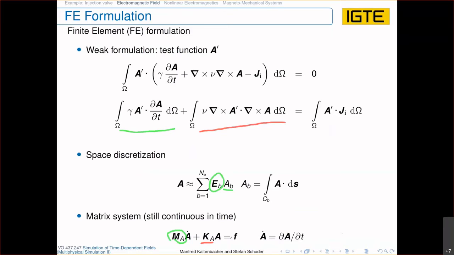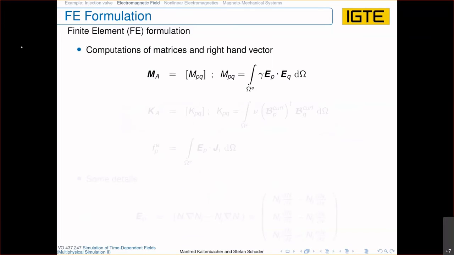So we have here this F, which comes out of this part of the weak formulation after we substitute our approximation. Explicitly, all the entries of our mass matrix are computed by this relation here.